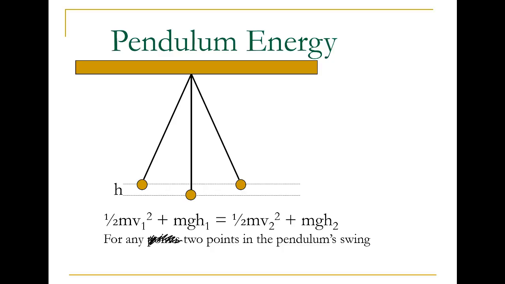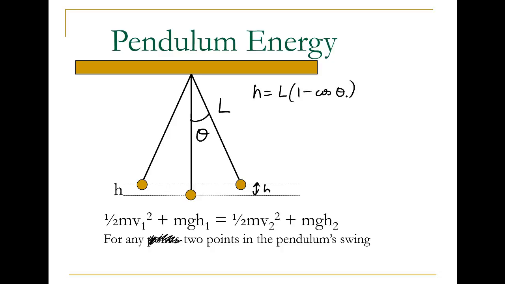Okay, now one thing to point out is that if this is a length of L and this is a height of h, an angle of theta, and we want to get a height of h, we can show that h is equal to L(1 minus cosine theta).